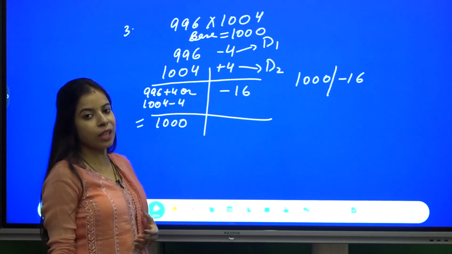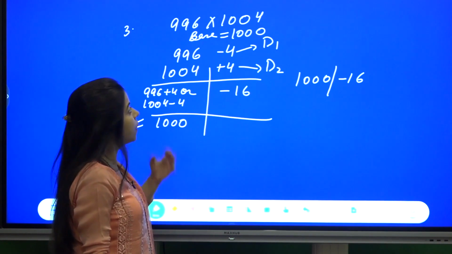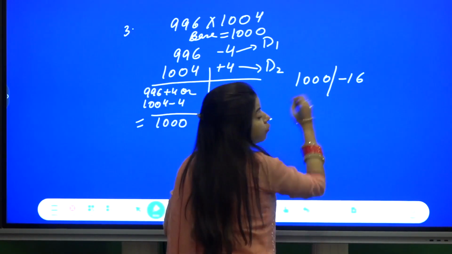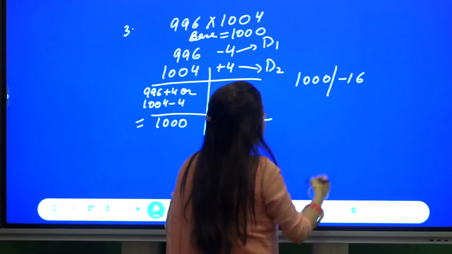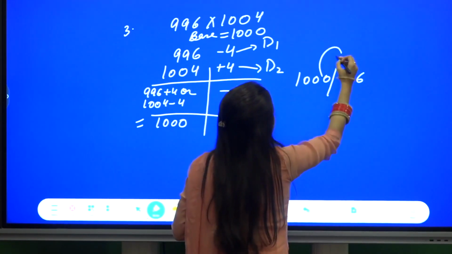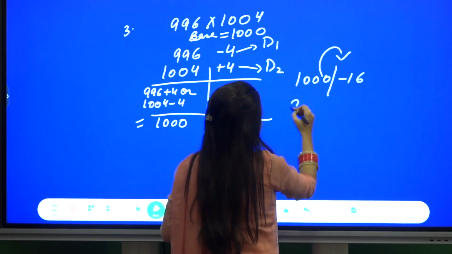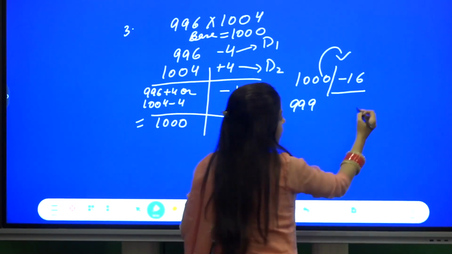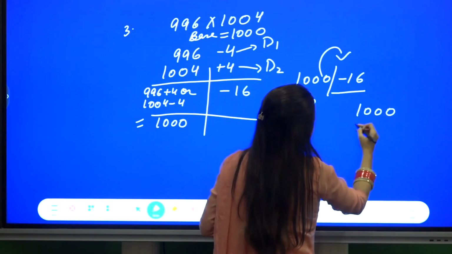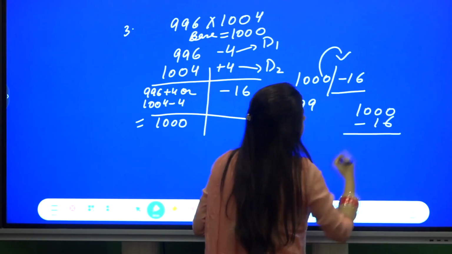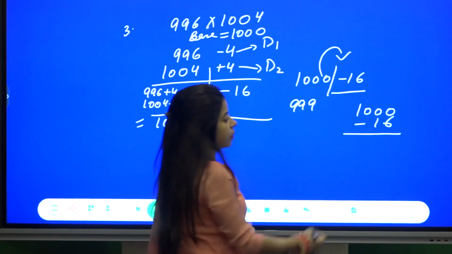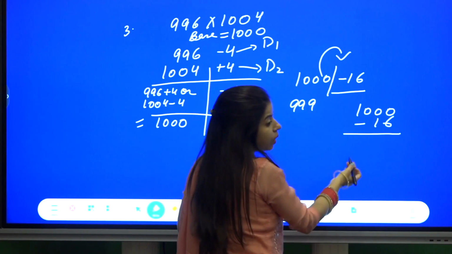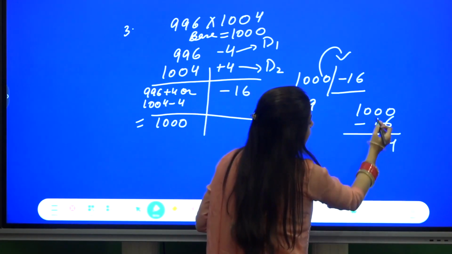Now we have to write the complement of 16 with base 1000 because we have to remove the minus sign. So we are going to borrow 1 from here and this will become 999, and this will become 1000 minus 16, where again we can apply the Nikhilam Sutra, which is all from 9 and last from 10.